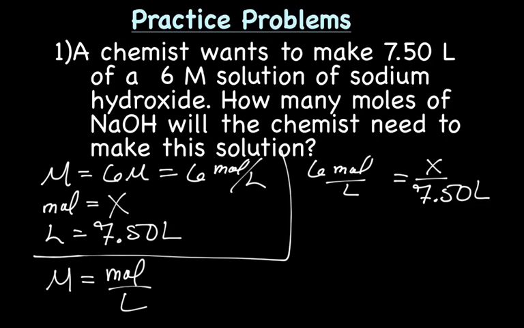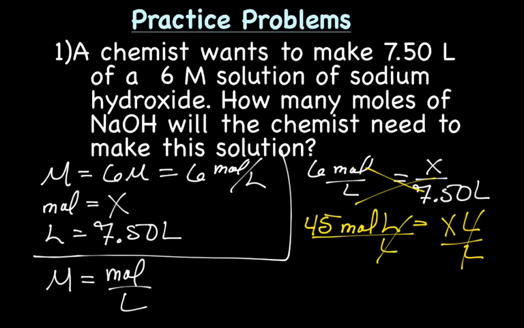From here we cross multiply, giving us 45 mole liters equals X liters. Obviously you can kind of see the answer, but let's do things correctly. We'll divide both sides by liters, giving us 45 moles of NaOH.